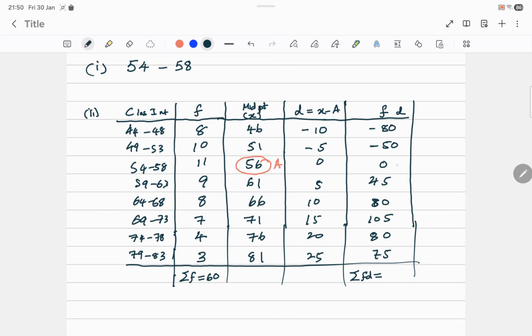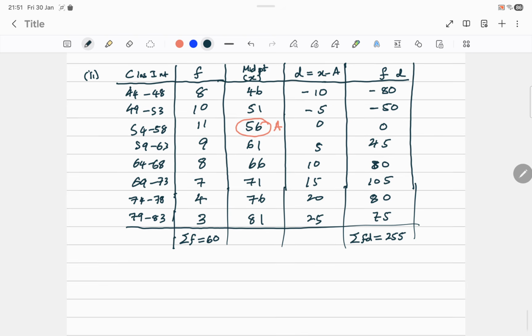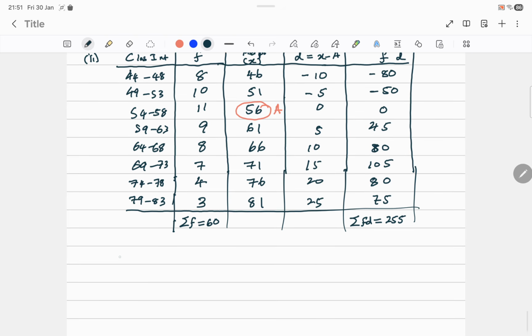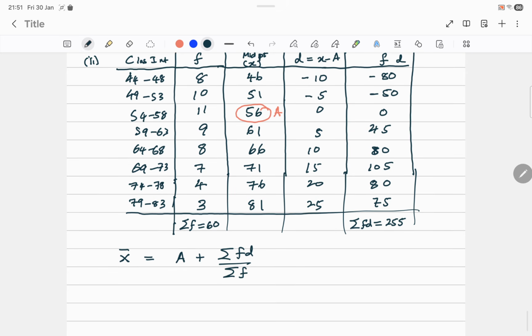So minus 80 and plus 80 cancel, minus 50 and plus 45 becomes minus 5, so up to here minus 5, then 100, 255. Right, okay, then the mean, which I will label as x bar, is equal to what? Mean is equal to A plus sigma fd over sigma f.